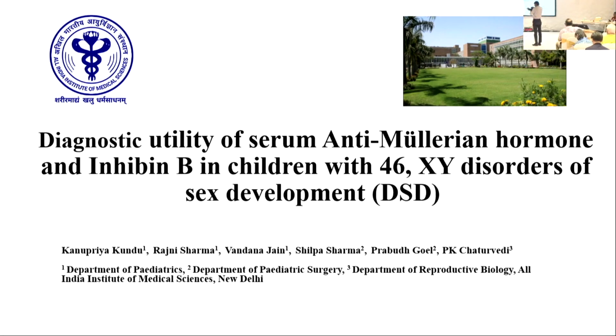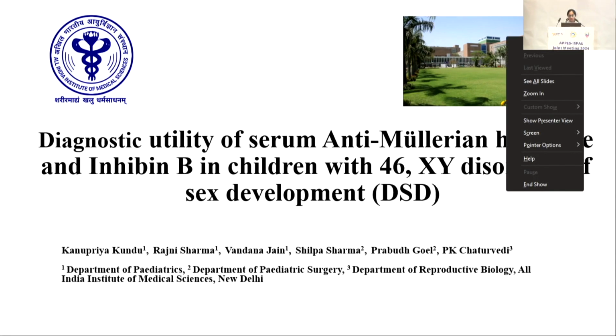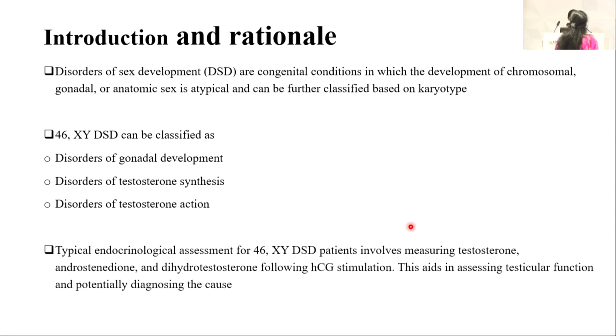Good afternoon, everyone. The title of my study is Diagnostic Utility of Serum Anti-Mullerian Hormone and Inhibin B in Children with 46XY Disorders of Sex Development. DSD are congenital conditions in which the development of chromosomal, gonadal or anatomic sex is atypical, and which can be further classified based on the karyotype. 46XY DSD can be classified as disorders of gonadal development or testosterone synthesis or disorders of testosterone action.